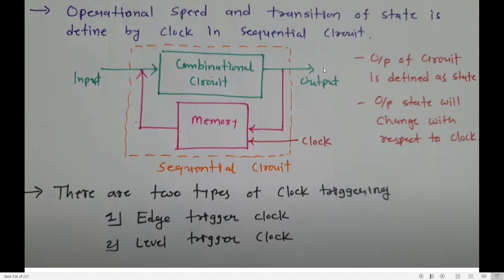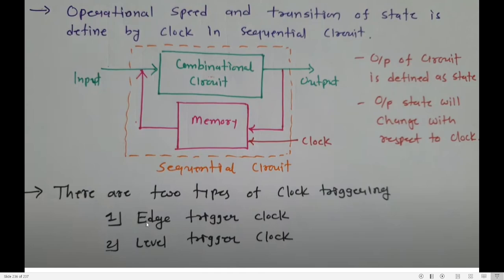So the output depends not only on the input but also on the past output. The past output is stored in a memory element. So if I use a flip-flop as this memory element, it uses a clock. Okay. So what kind of clock? How I am going to trigger the clock so that the output changes is what we are going to see.